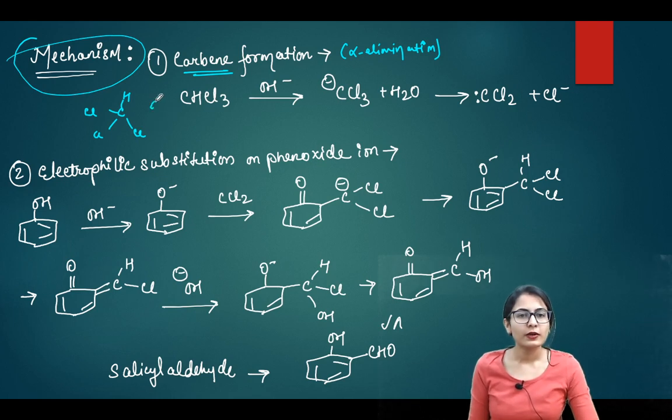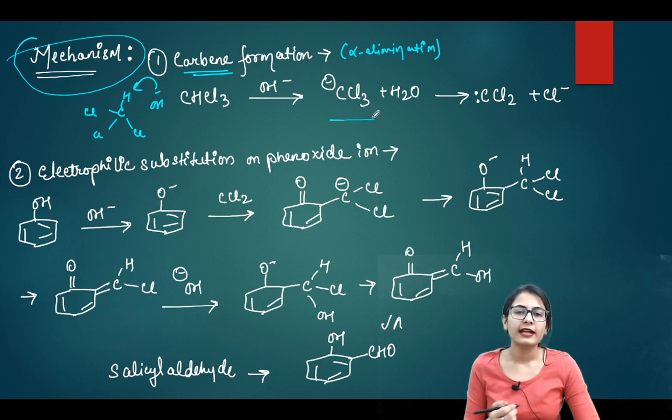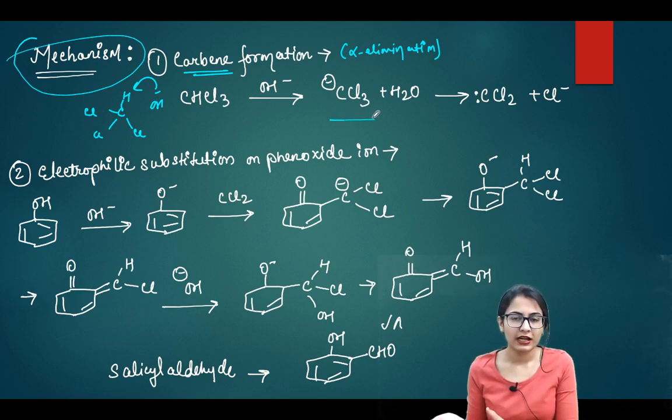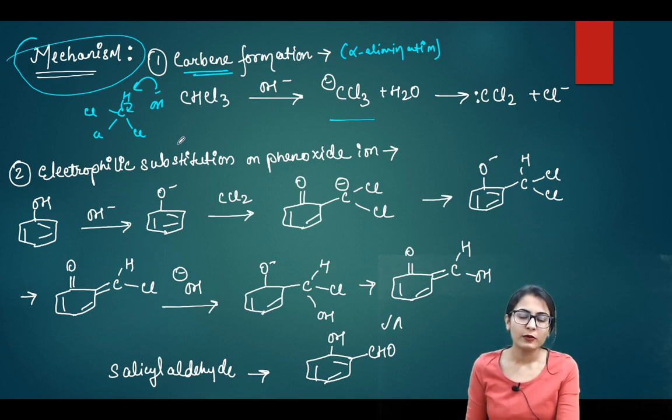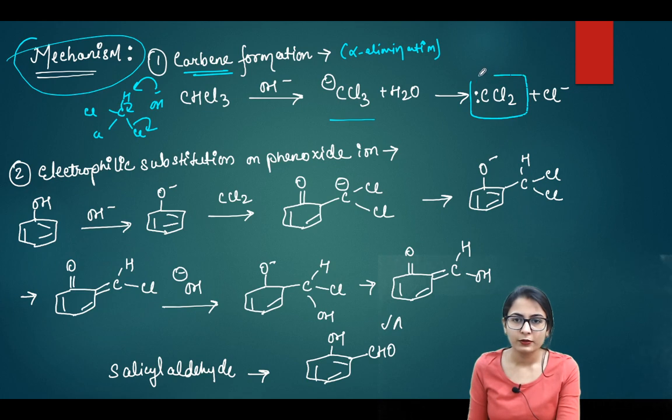Alright, so in the presence of a base, OH minus is going to take away a proton. That gives you the trichlorocarbanion basically. Yes, and the removal of the proton is further going to push away this chlorine from the same carbon to give you dichlorocarbene.